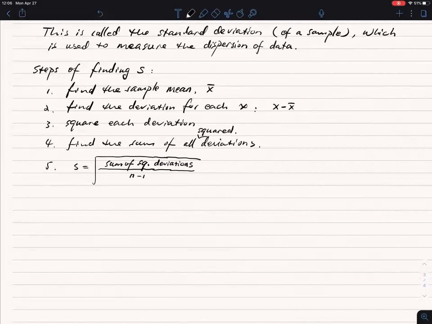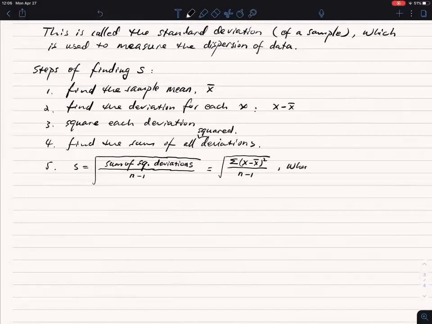Okay. And so if I want to use symbols to write this, in the numerator I have the sum of all the deviations squared, and the denominator is N minus 1.